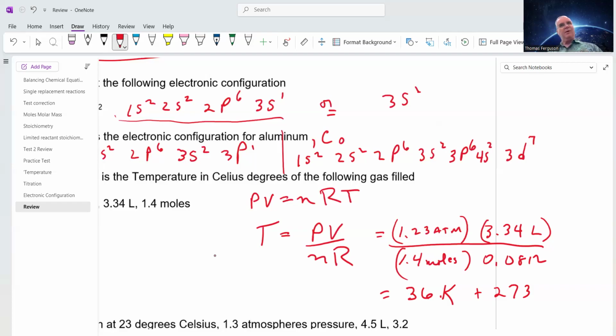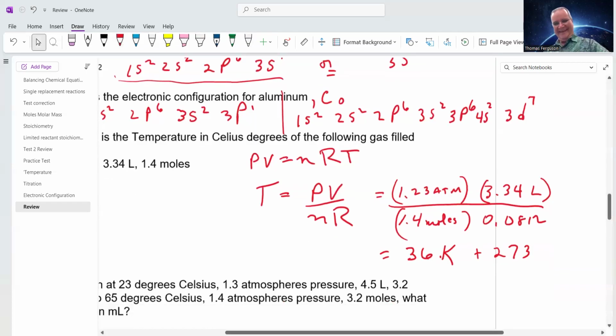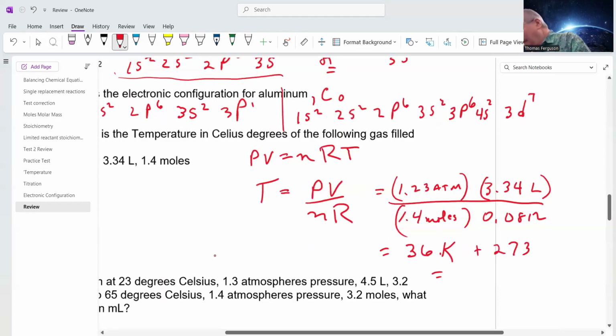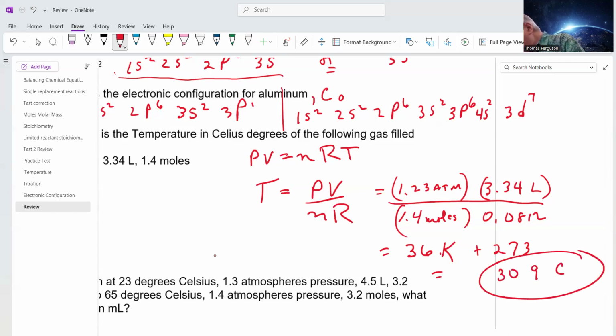That was a dyslexic moment. Okay, so what is that? That's 309 C. Now, if you wrote down 36, I would give you partial credit.